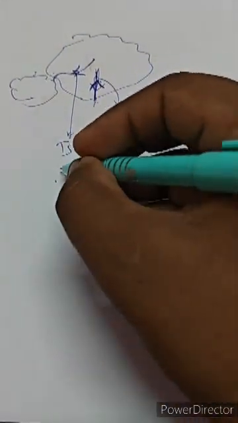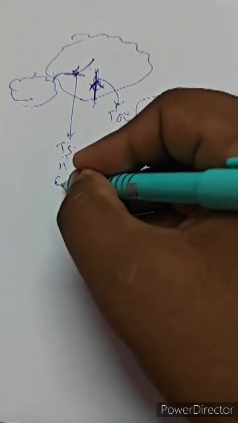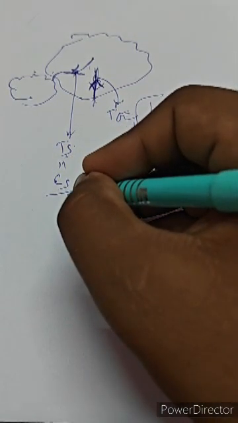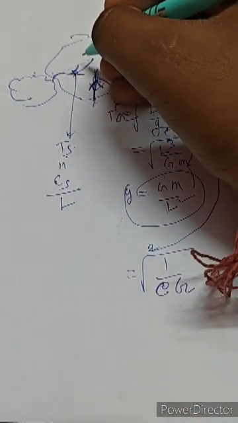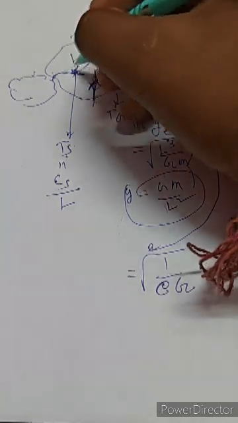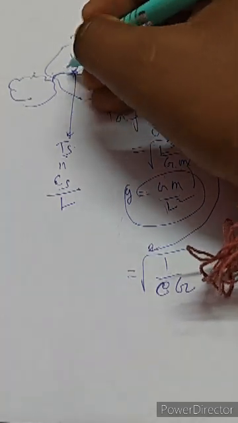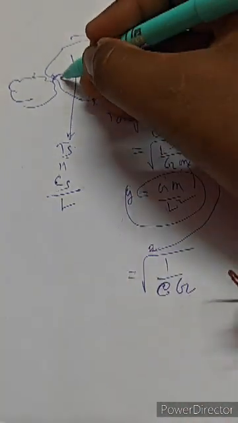And ts is equal to L by cs, if the distance from the center to the periphery is L, and cs, we know, is for pressure waves.